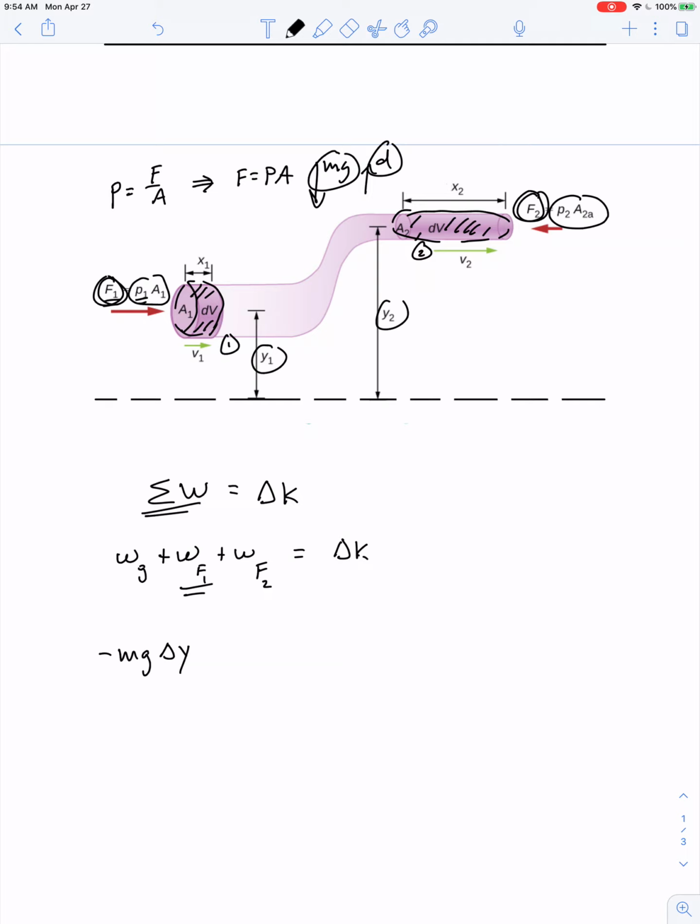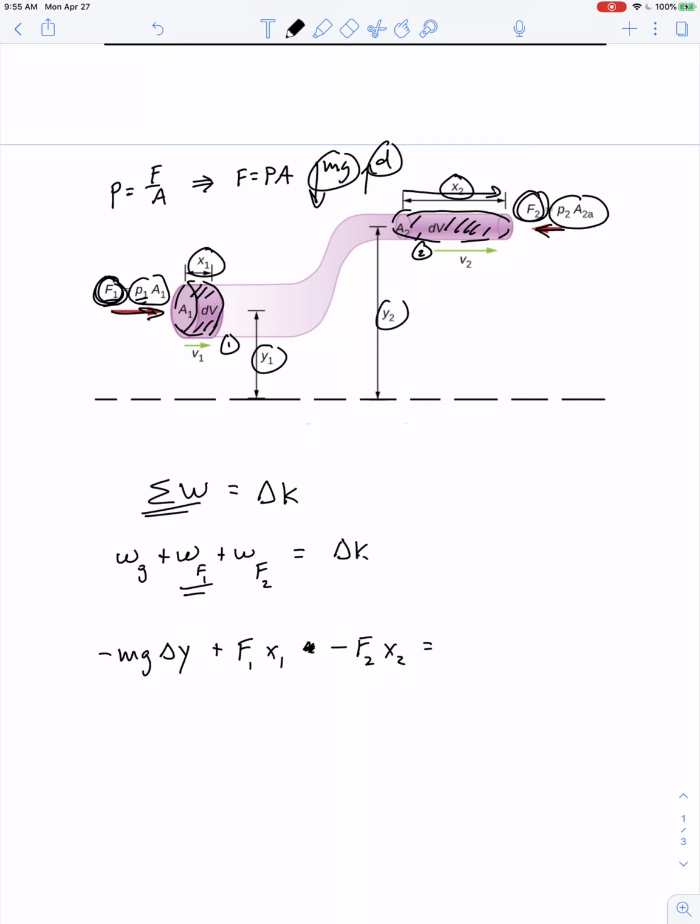The work done by force number 1, well, force number 1 points in the same direction as the displacement. So work done by force number 1 is F1 x1. Work done by force number 2 should be negative. Force 2 points to the left, but the water travels to the right, a displacement of x2. So it will say minus F2 x2.